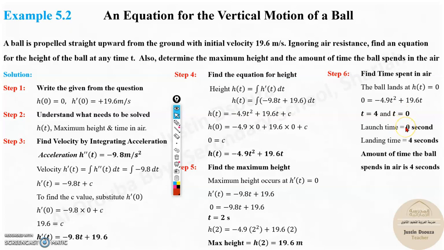Because it launched at 0 and it reaches the ground at 4 seconds. So the graph in this case goes from 0 to 4, ending at the point 4, 0. This is the answer. For the maximum height, this particular point at 2 is the maximum. We found at time 2 the maximum height. So that is basically it. You can easily graph it as well if you want, but over here, the values are very important.